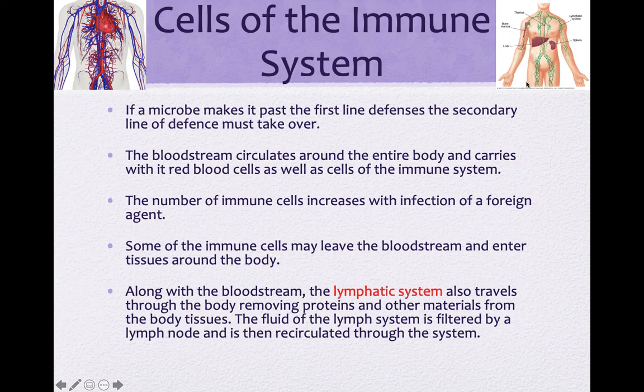So along with that, you're going to have the lymph system that travels right around pretty much the same place. You can see the lymph system over here, the circulatory system over here. It pretty much goes right along the same place. Now the lymph system, it goes down into right in here. The lymph system and the circulatory system are going to overlap a little bit.